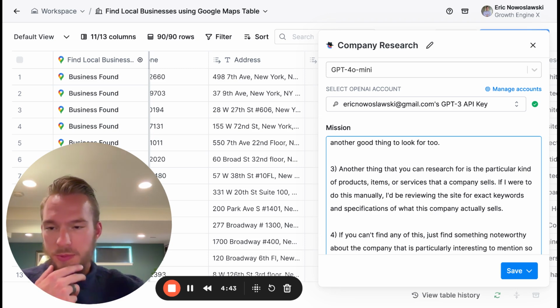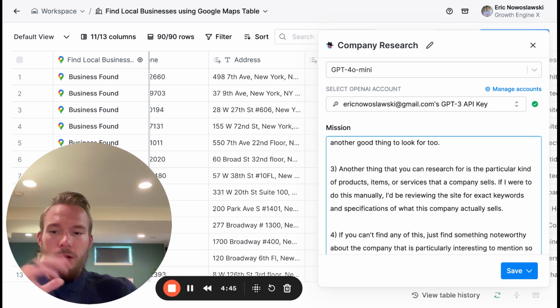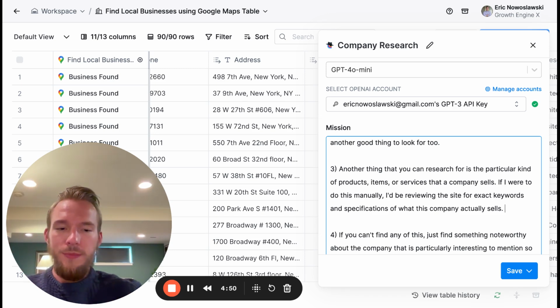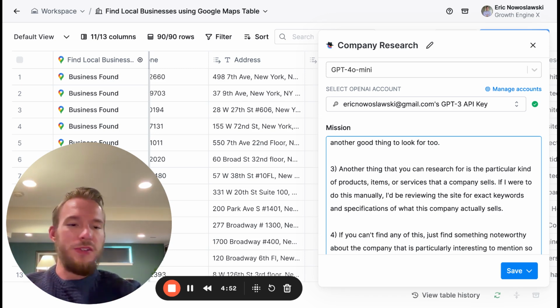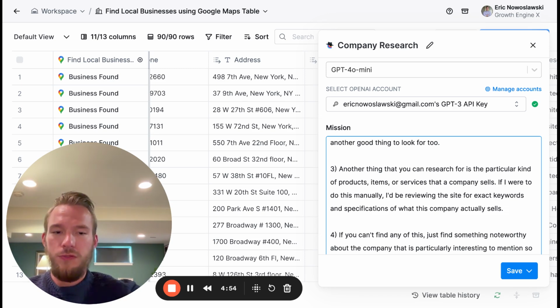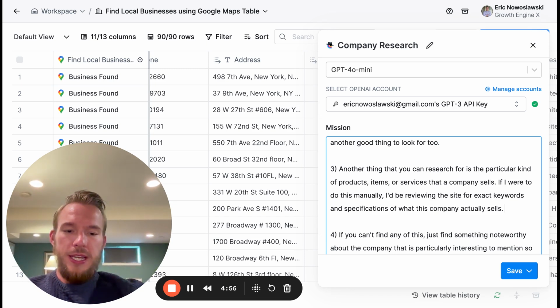Now I'm going to give it some examples, but since these examples are going to be baked into our prompt and we can't move it around, I'm going to preemptively tell it, hey, these examples have nothing to do with the input. They're just examples for you to learn from. So I'm going to say exactly that.